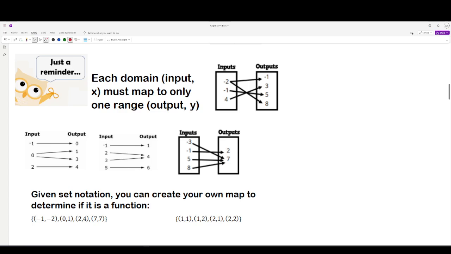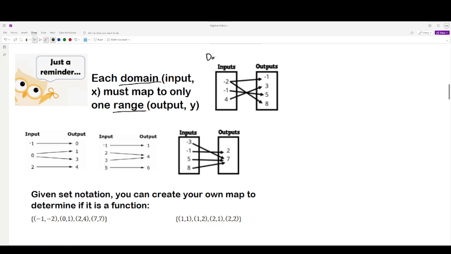So some new vocabulary that we're applying to this idea. You've seen this multiple years now, but we're going to be using the vocabulary. The inputs come from a set called the domain of the function, and the outputs are a set called the range of the function.